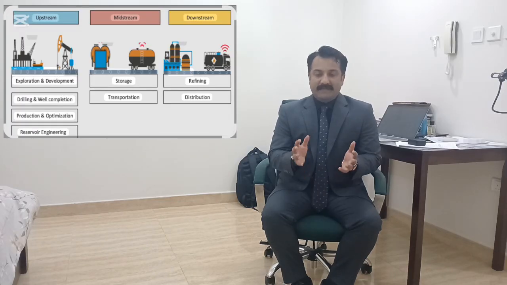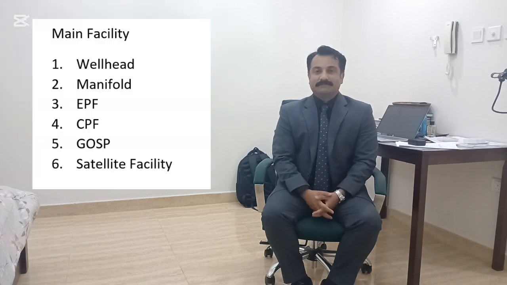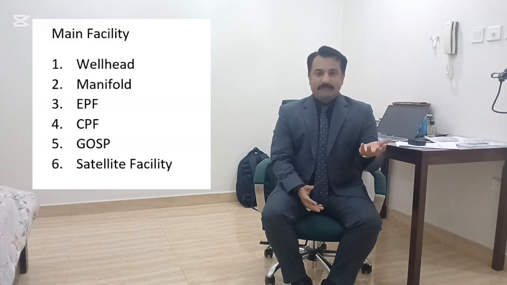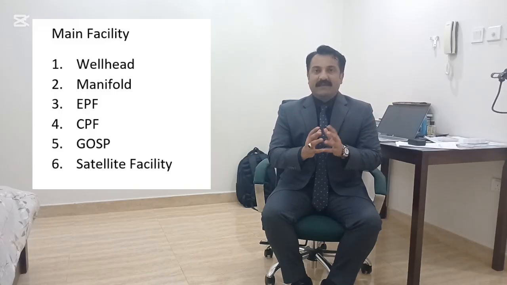There are many facilities involved in the upstream sector, starting from the wellhead and Christmas tree, then we have the choke valve, then what we call jewelry. Jewelry means instrumentation for controlling and safeguarding the downstream system, like flow line, manifold and other things.